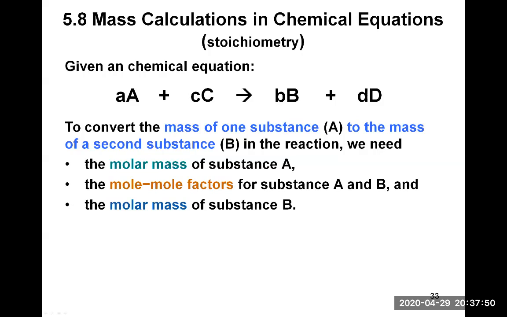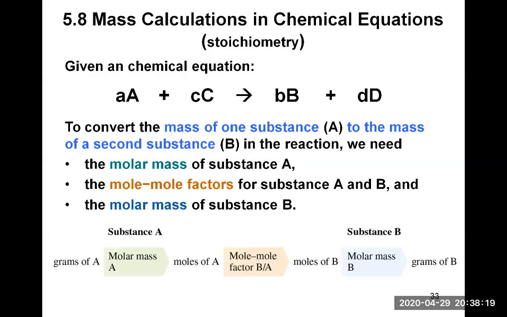Given that generic balanced equation, to convert the mass of one substance, let's say A, to the mass of a second substance, let's say B, in that reaction, we will need the molar mass of substance A, the mole-to-mole factors for substance A and B, and the molar mass of substance B. And so the roadmap will look like this. Let's say you're given a mass of A and you want to find out how many grams of B you can produce from that.